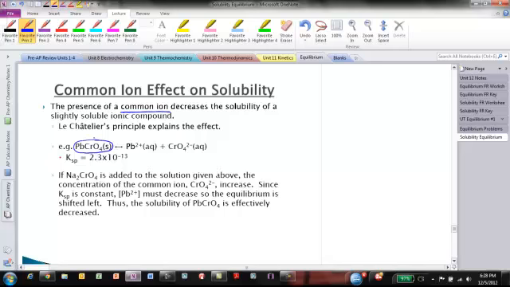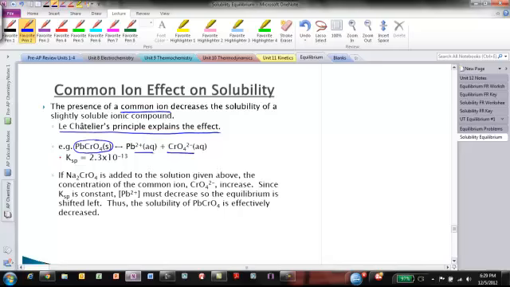If I put it in a solution of water that already has some chromate in it, the solid is not going to dissolve as much, and you can reference Le Chatelier to explain why. It's not going to dissolve as much because the solution would already have some of the chromate, so it's going to say, too much of this already, and it's just going to stop. That will affect how much lead comes out as well, because if not as much chromate is coming out, not as much lead is coming out.